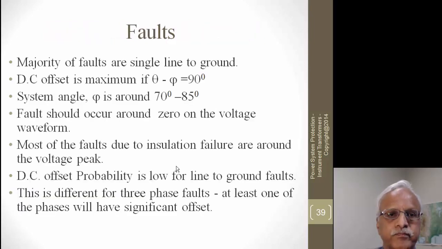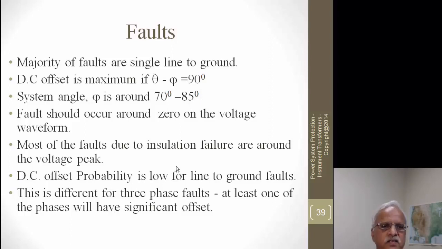Okay. A majority of the faults in the system are single line to ground faults. If there is a failure of an insulator, then it flashes over, and most of the time the flashover occurs when the voltage is at the peak. The DC offset is maximum when theta minus phi is 90 degrees, where theta is the angle of incidence of the fault and phi is the system angle.